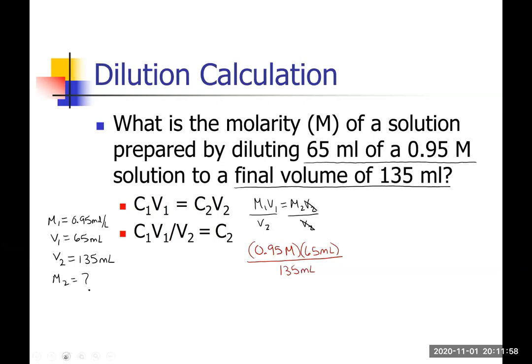And maybe now you can see why I didn't worry too much about the units, because I knew that these mils were going to cross cancel when I divided V2 out of both sides. And I'm left with molarity. I'm looking for M2, so those are the right units. And now I'm just going to calculate the math.